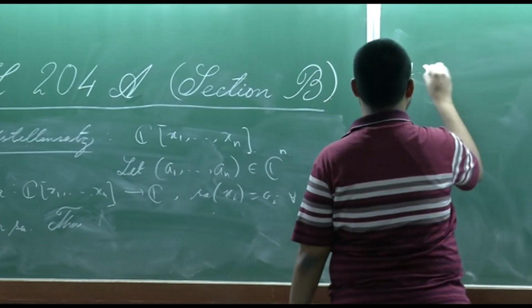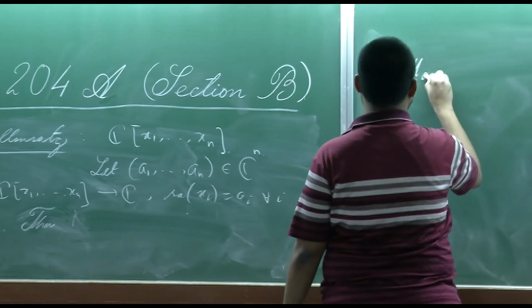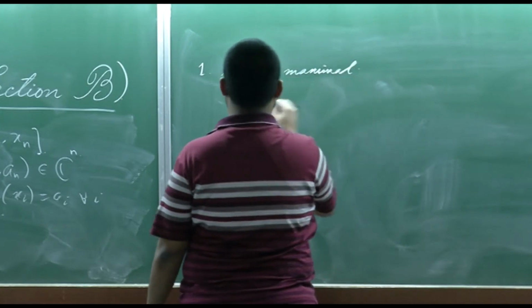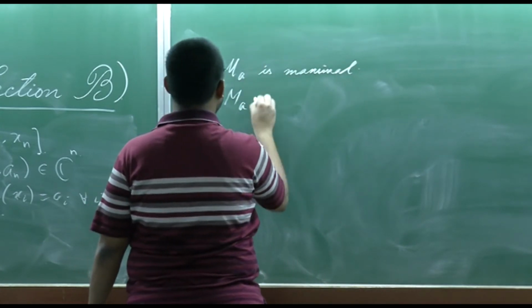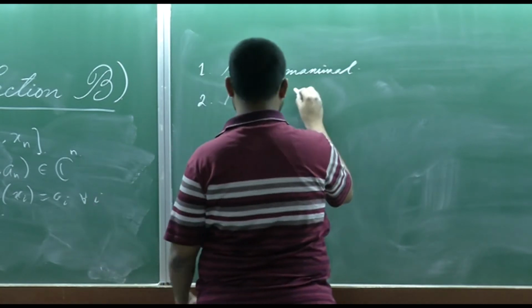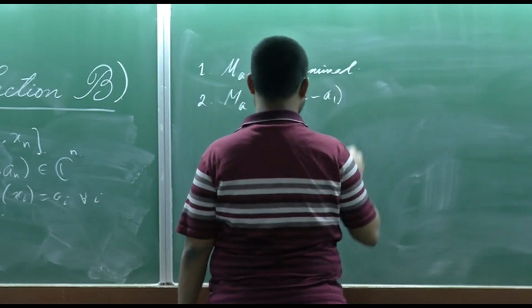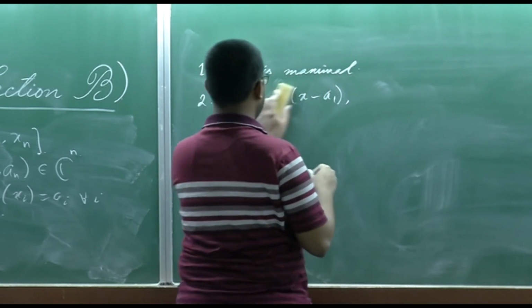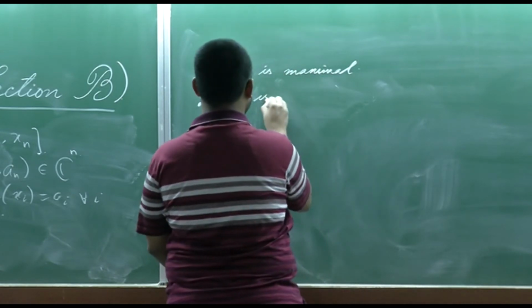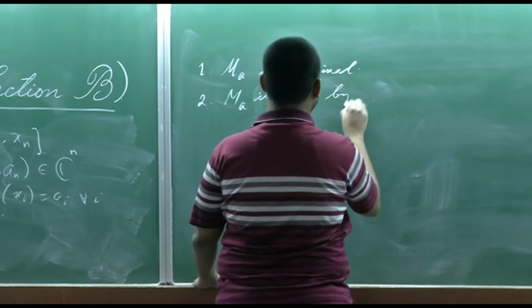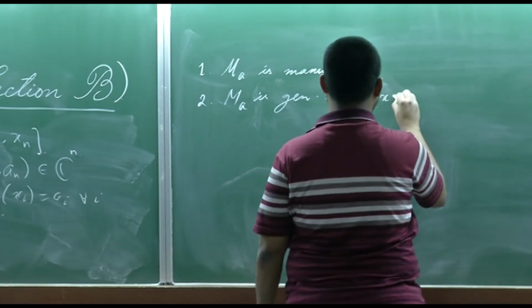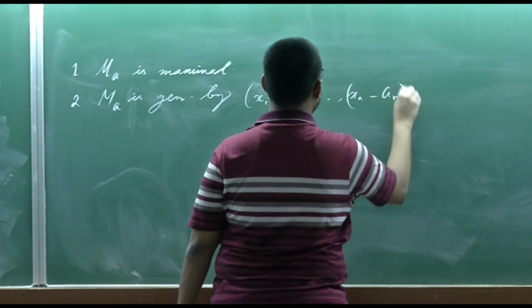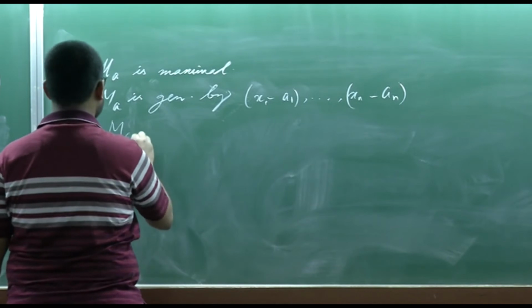The second conclusion is M_a is generated by these polynomials, x1 minus a1, up to xn minus an.